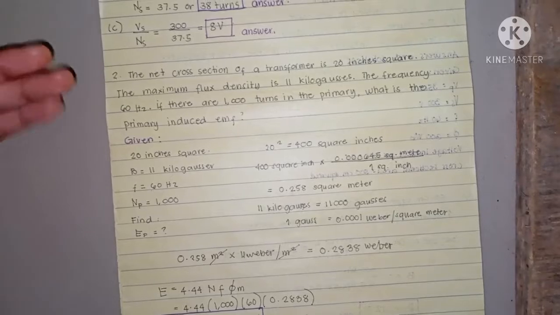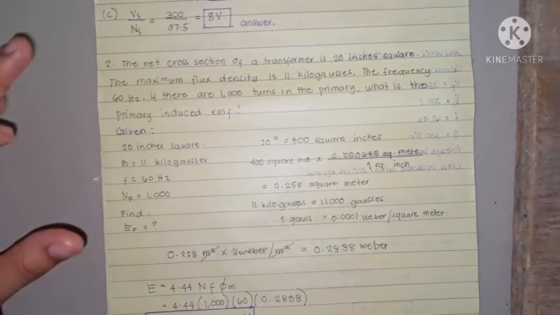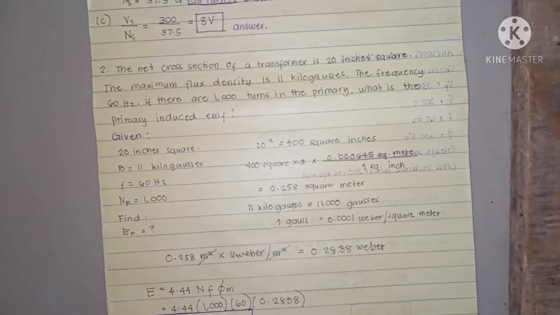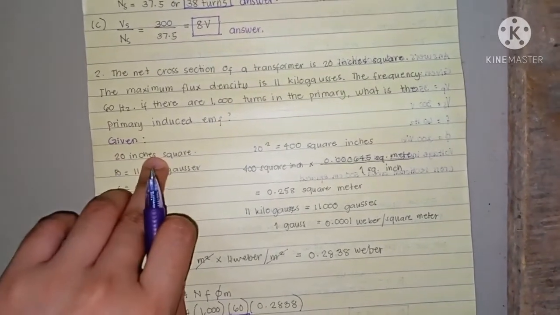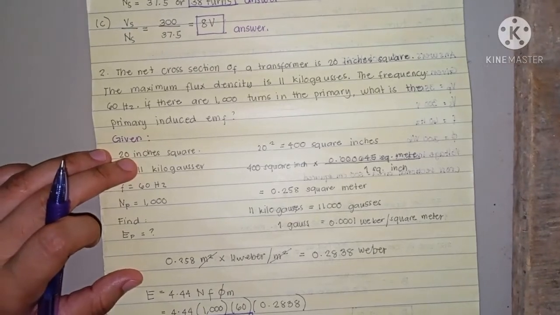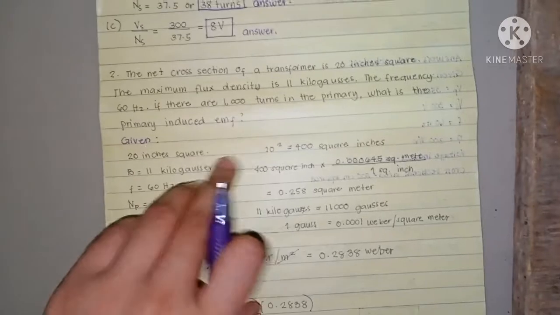we need to put the given for us to have an easier way in solving the problem. So we have 20 inches square. You have noticed that it is inches square instead of square inches.